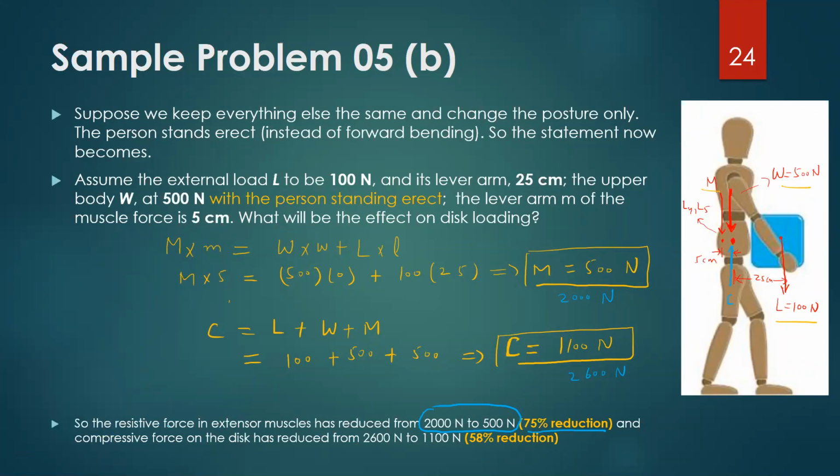So that is a reduction of 58%. So by just changing the posture, both forces, the force developed by the back muscles and the force acting on the disc, both have reduced significantly. Of course, we took some small assumptions in this case as well, but that is quite true that by just improving the posture, a lot of stress on the back muscles and disc and the vertebrae can be reduced.